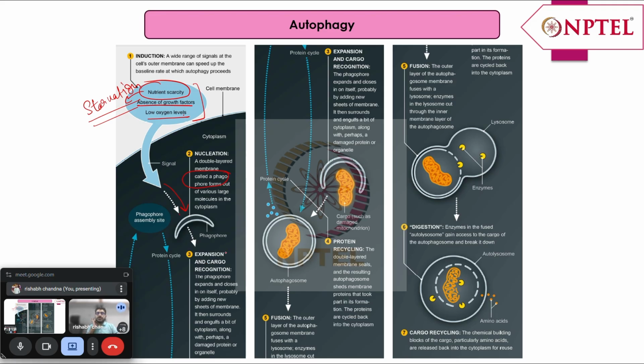The size of this phagophore will depend upon the target. Then it will start assembling near that target and it will engulf that particular target. Okay, so it will surround that particular molecule.